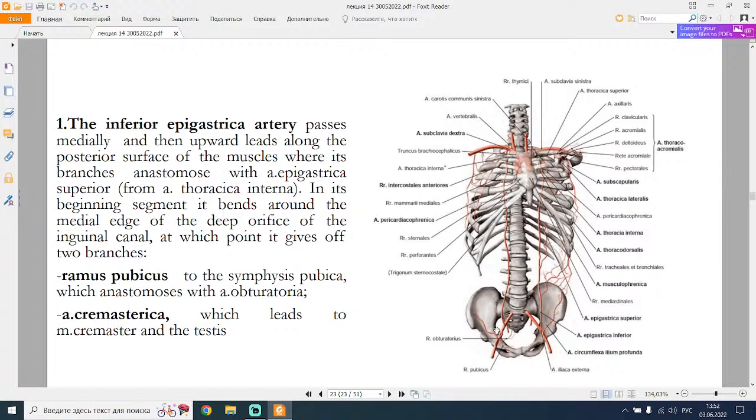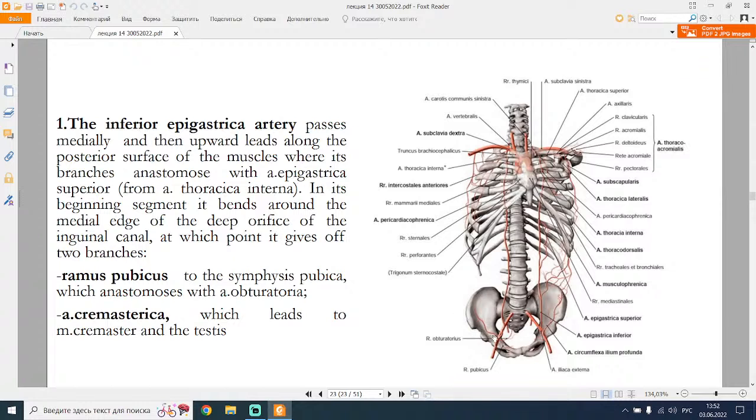It passes medially and then upward, leads along the posterior surface of the muscles, where its branches anastomose with arteria epigastrica superior from arteria thoracica interna. In its beginning segment, it bends around the medial edge of the deep orifice of the inguinal canal.